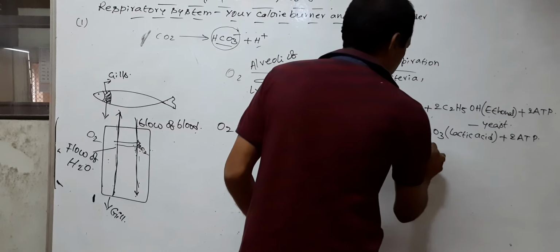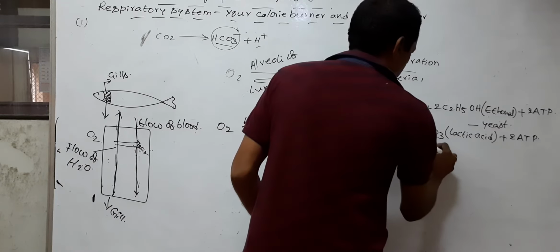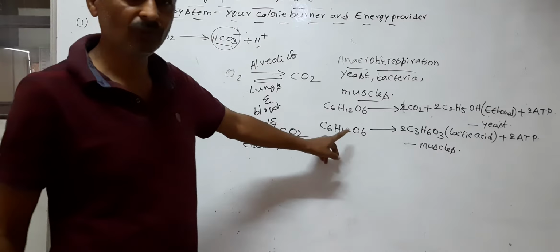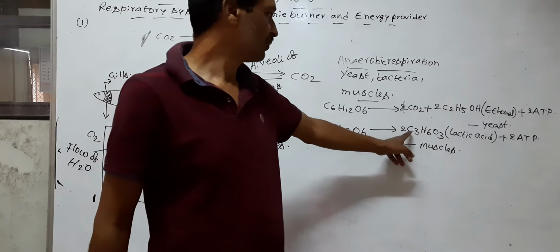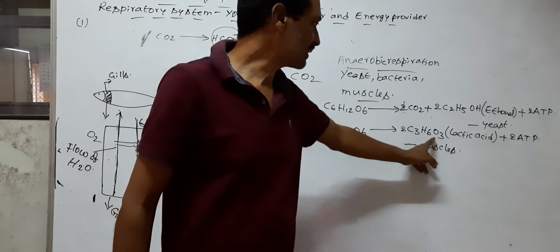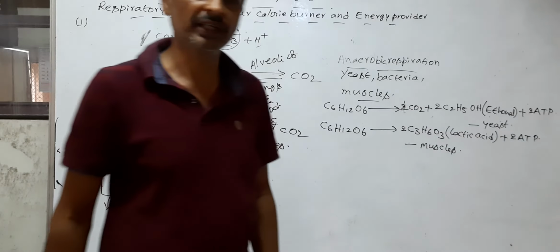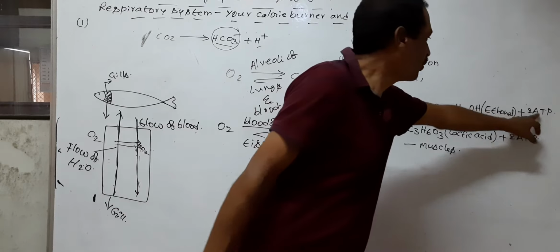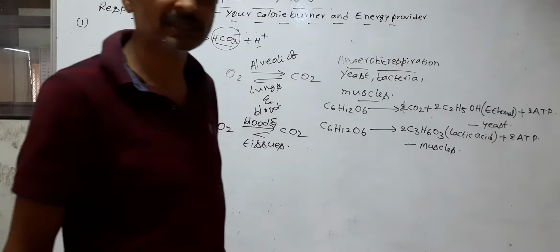This reaction occurs in the muscles. So, a molecule of glucose breaks down to form lactic acid and 2 ATPs. So, in anaerobic respiration, a low amount of energy is released.